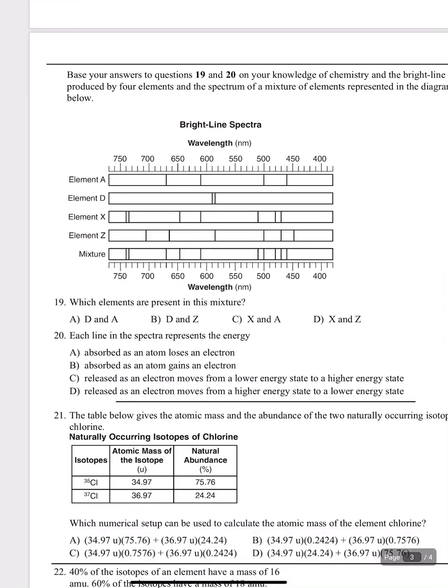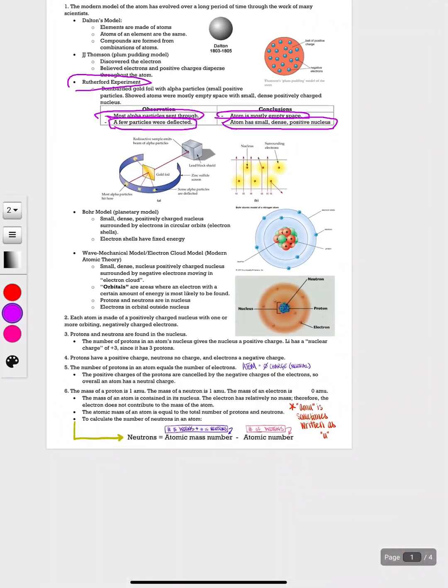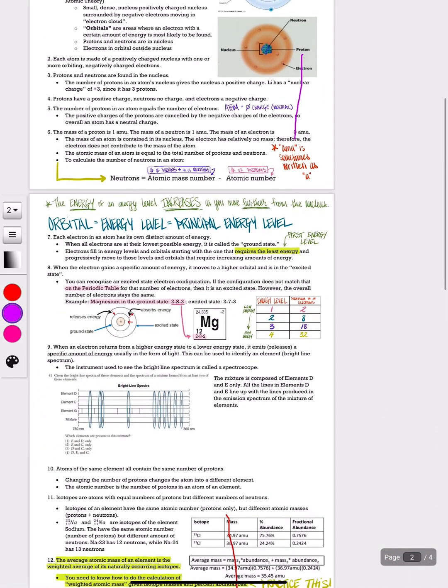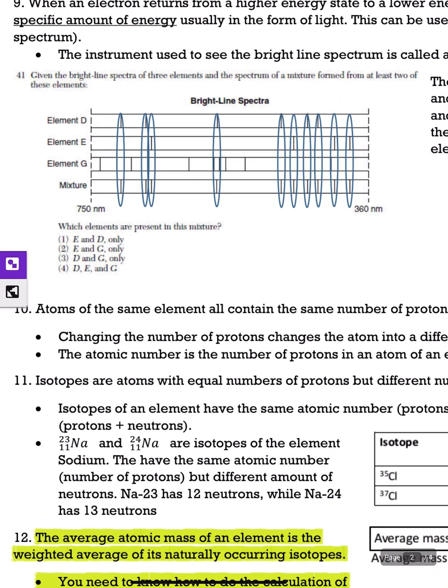Okay, let's go to 19. Which elements are in the mixture? Okay, so going back to the review sheet, it does mention an example of how to know which are in the mixture. So here we have an example.